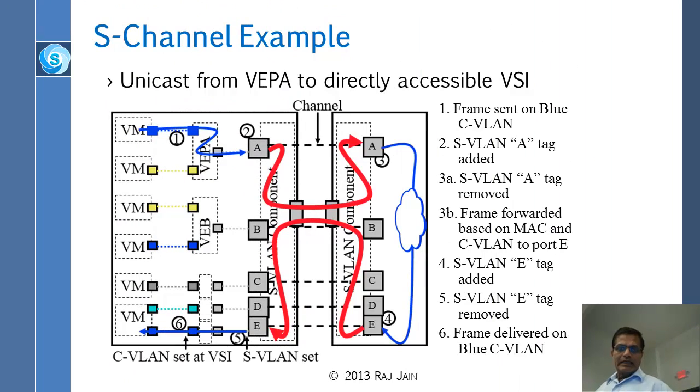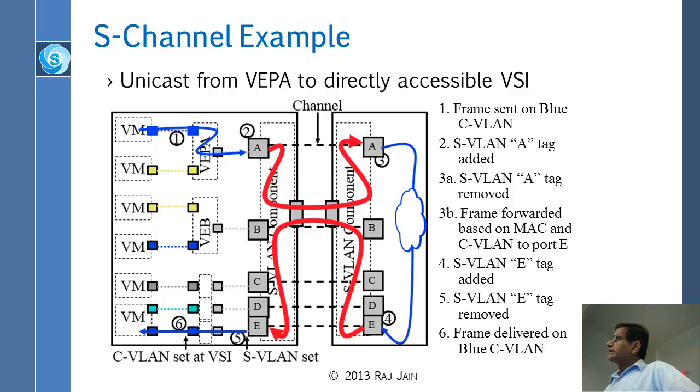Now here's an example. This VM wants to talk to that VM. Both of them are on the blue VLAN, so they could talk. It sends a packet to the first VEPA switch, and that says, okay, it's going to go outside.